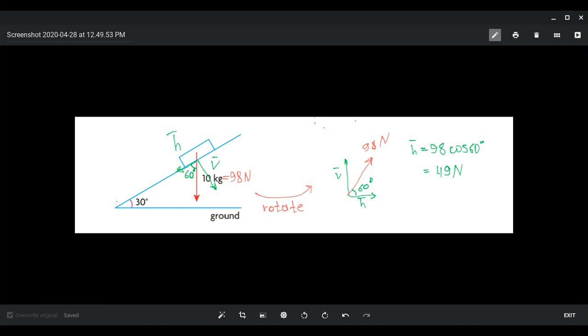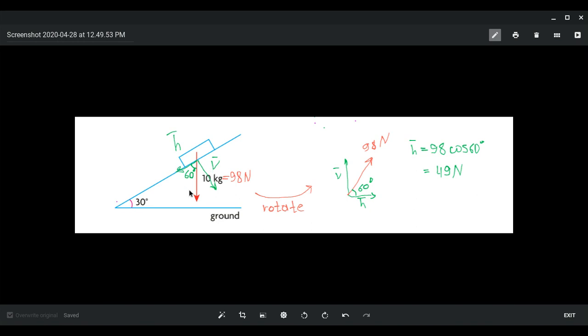Now I want you to see that the horizontal has an angle of 60 degrees with the red vector. Why? Because in this triangle, the angle 30 is given, and this is a right-angle triangle, so the other angle is going to be 60 degrees.